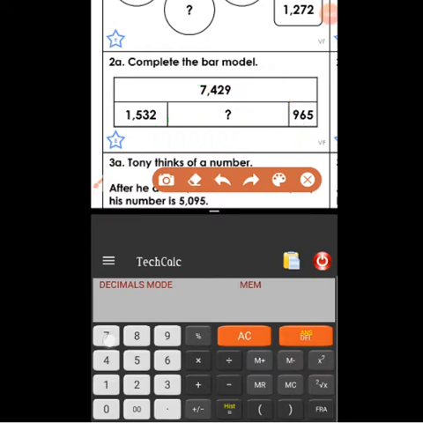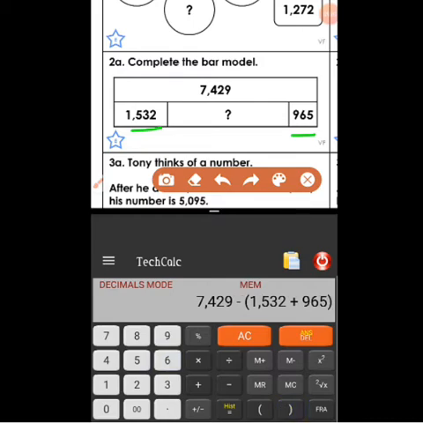So 7429 minus, I am using a bracket because I will be doing addition inside it, minus 1532 plus 965, close bracket.